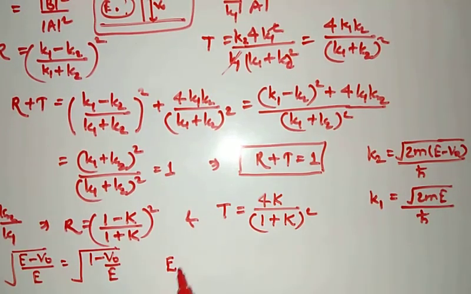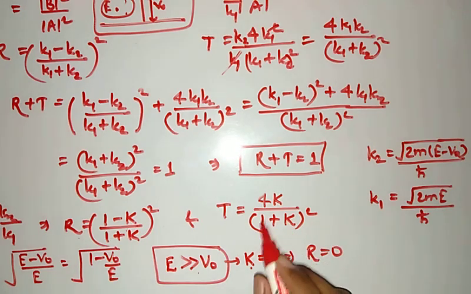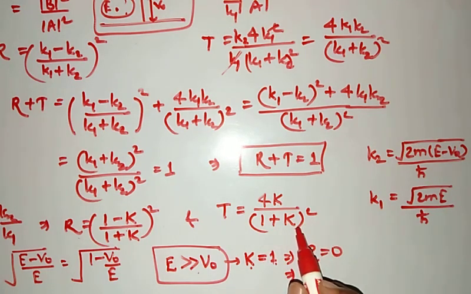So if E is much greater than V naught, the value of K will be 1, and when the value of K is 1, it means that we will get reflectance 0, whereas transmittance 1, because R plus T is equal to 1.